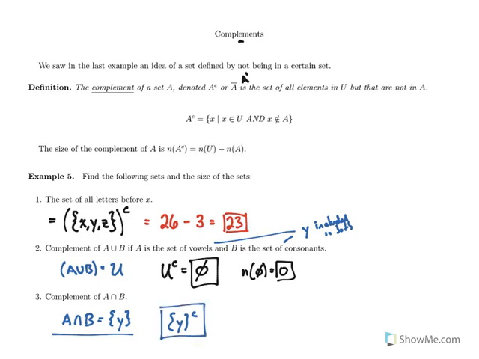We could write that as all the letters but Y. And the size of that is going to be 26 minus the 1 letter in there, 25 letters total. So those were 3 examples where using the complement was helpful in determining our answer.